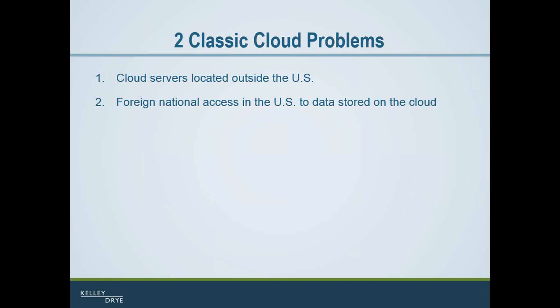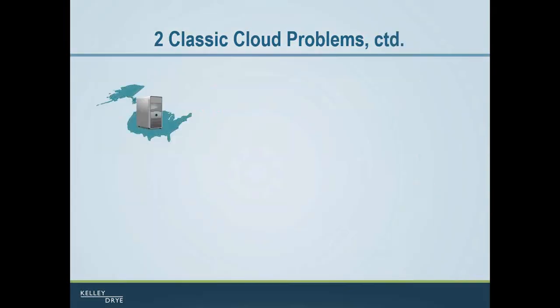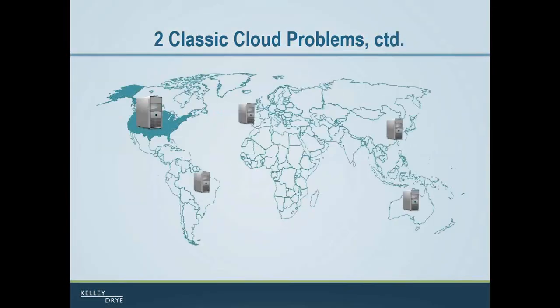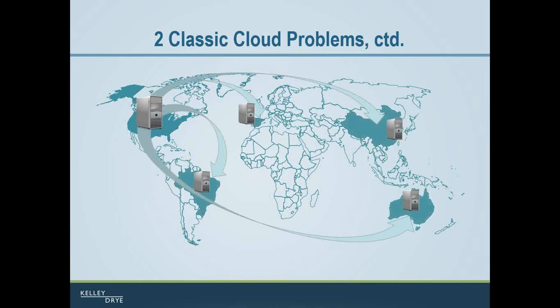All right, on the next slide, we just illustrate kind of what this can look like. So you host data to the cloud in the United States, to a server there, and then your cloud computing provider, without your knowledge, may hit a button and transfer it to its other servers. And so here we have servers in 4 countries.